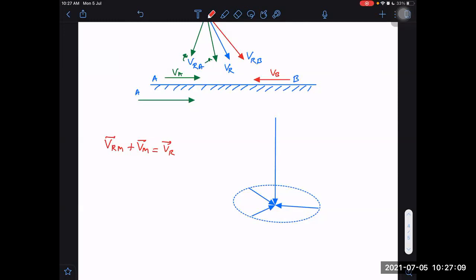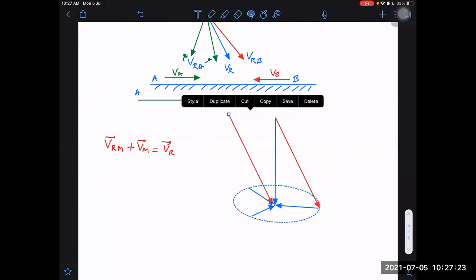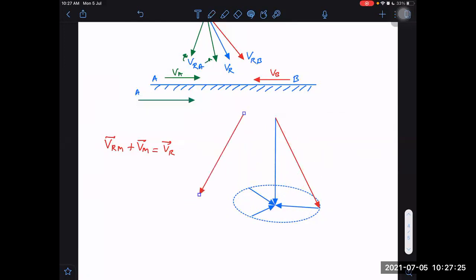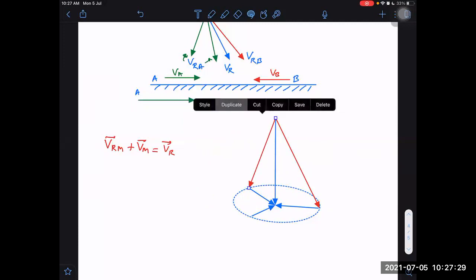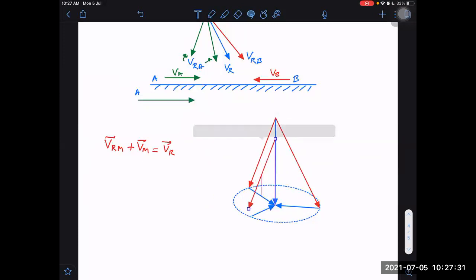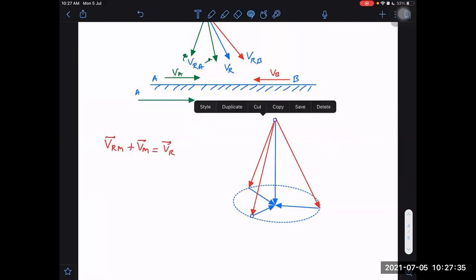So man A is this one. And man B is this; this is velocity of rain with respect to man B. Velocity of rain with respect to man C will be this.